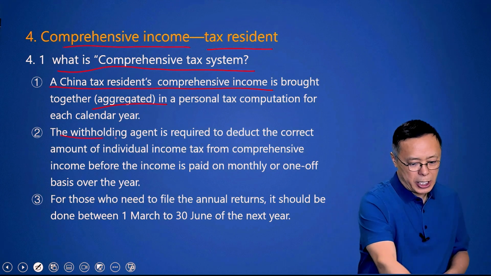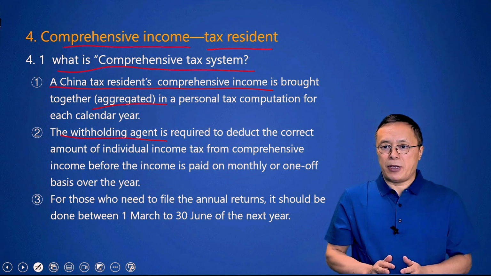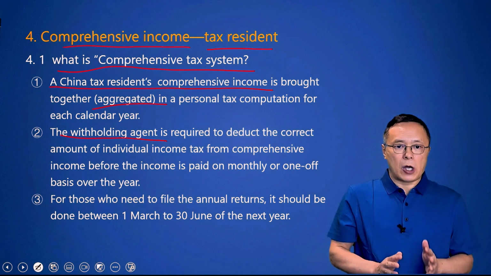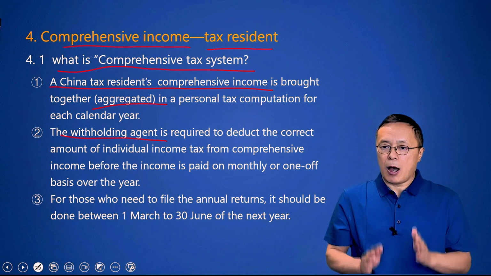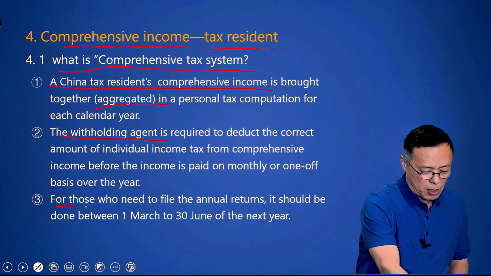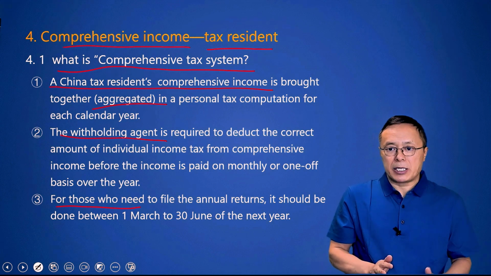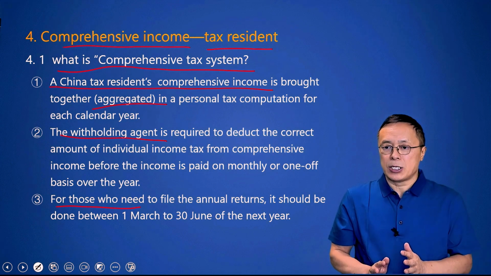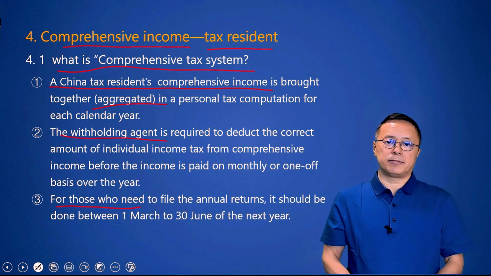And the withholding agent is required to deduct the correct amount of individual income tax from comprehensive income before the income is paid on monthly or one-off basis over the year. And for those who need to file the annual returns, it should be done between the 1st of March to the 30th of June of the next year.